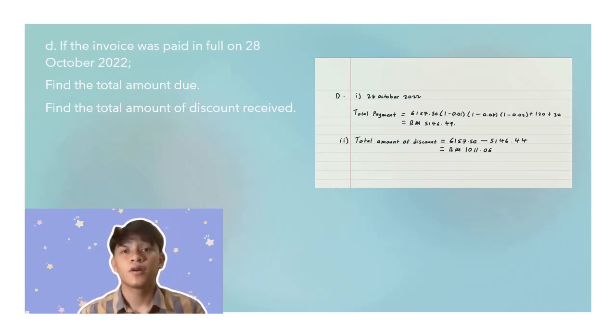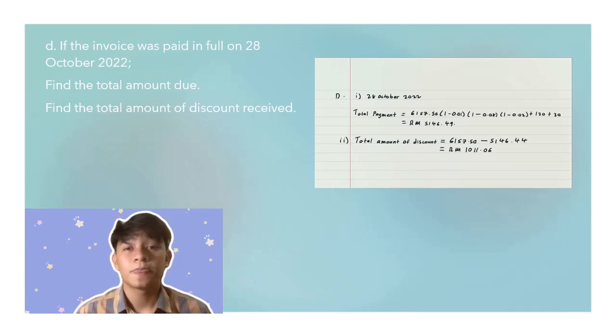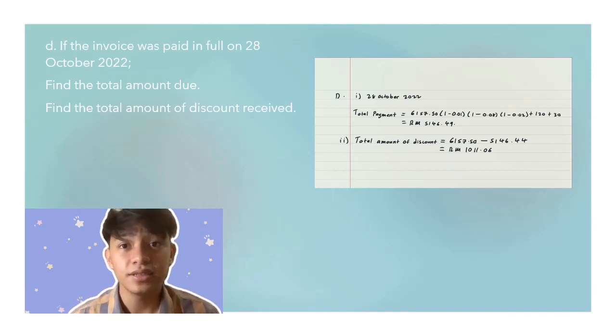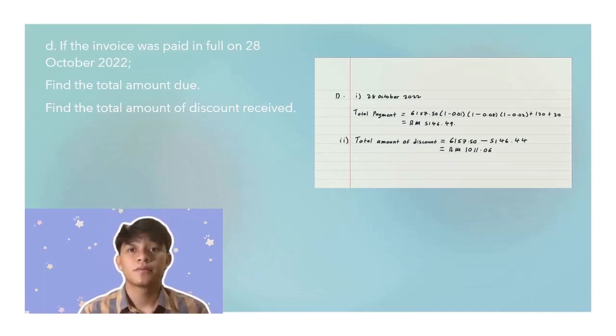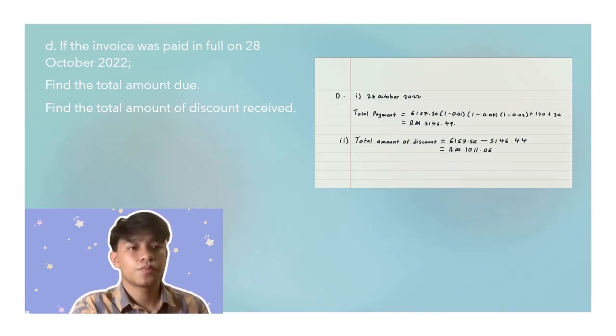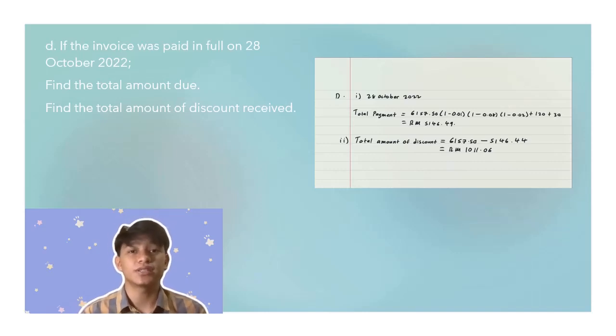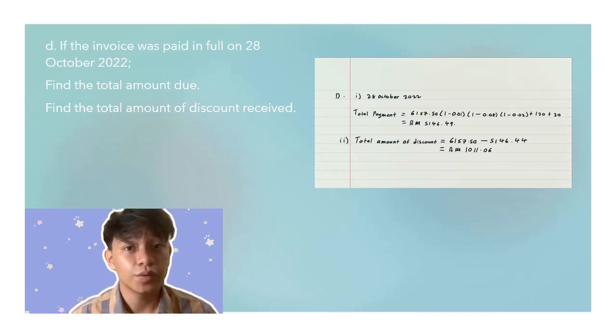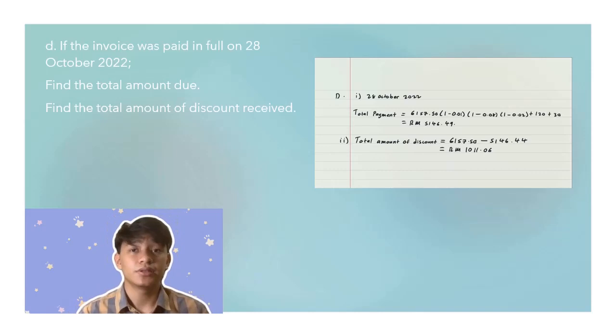We already found the NP, and the NP is 5,098.41, the CD is 0.02, the transportation cost is 120, and the charging is 30.